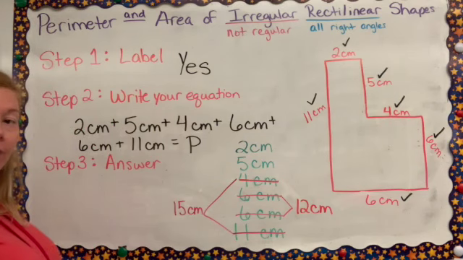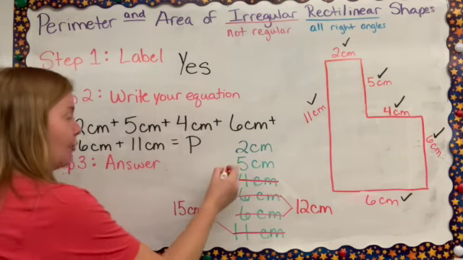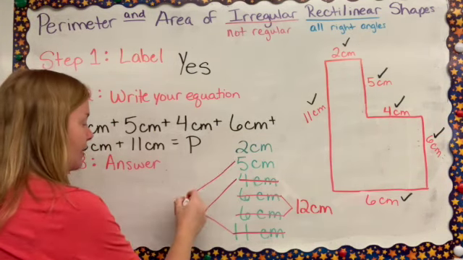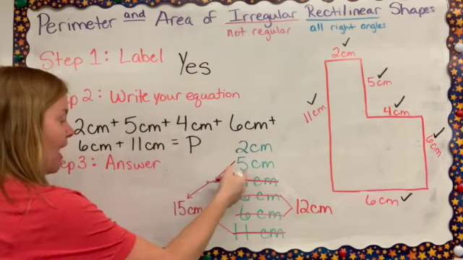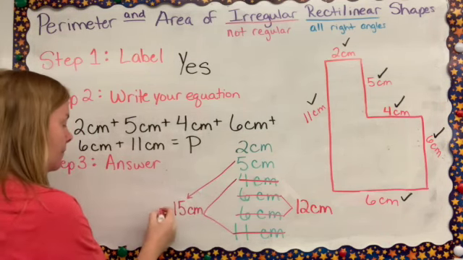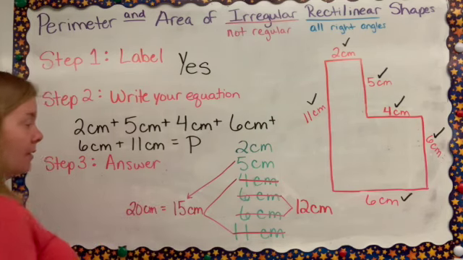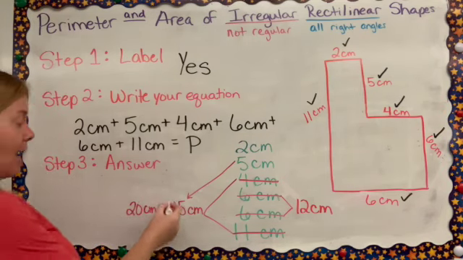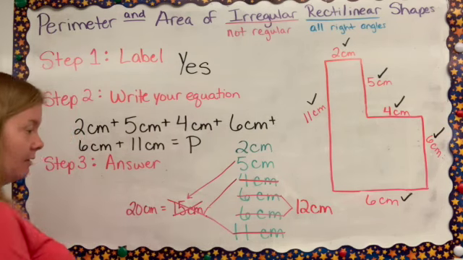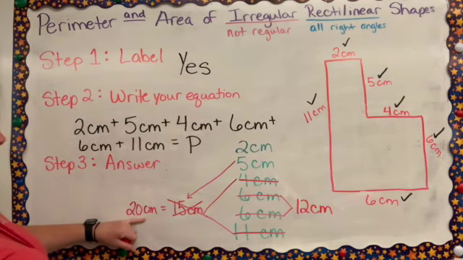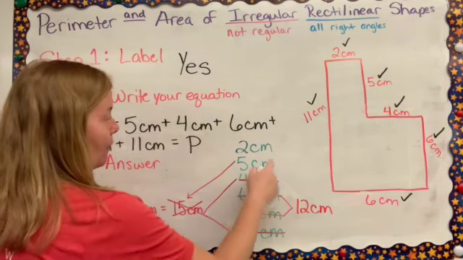What else can I do? I would really just like to add that 5 to this 5, because 5 plus 15 is 20 centimeters. And then I can forget about this 15, and all I'm left with is 20, 12, and 2.